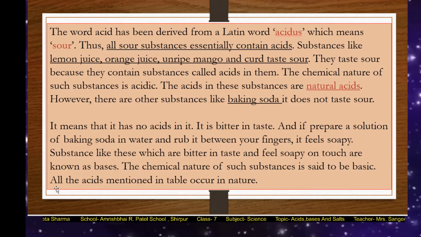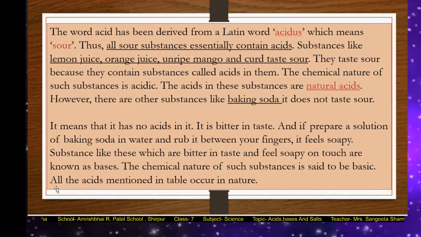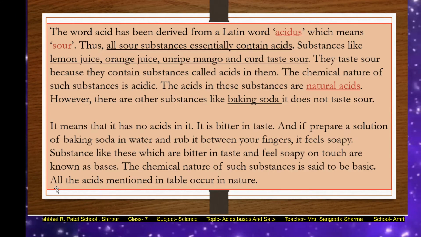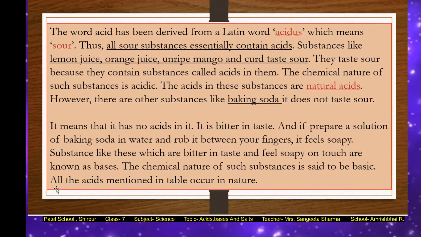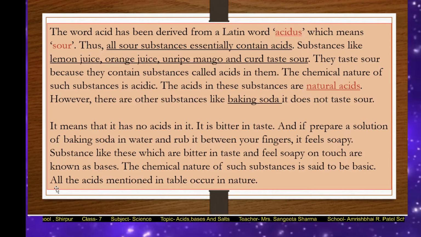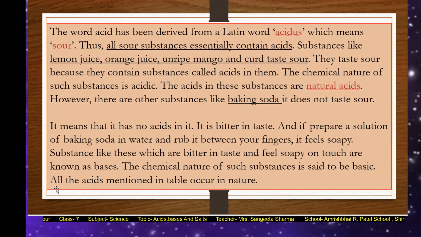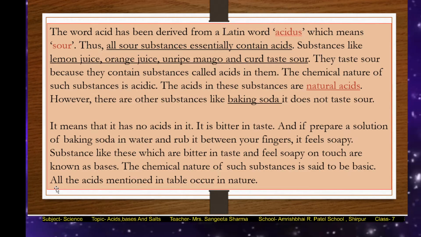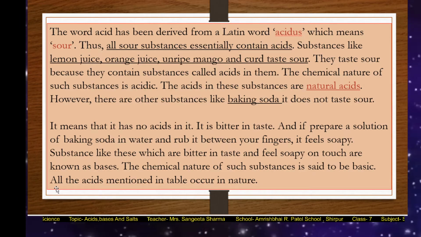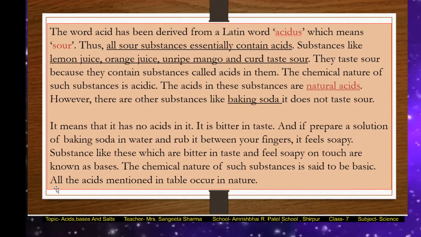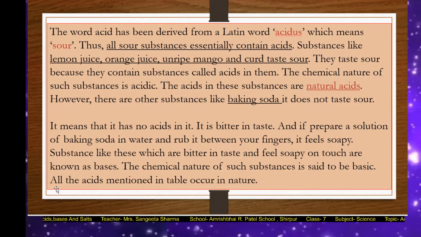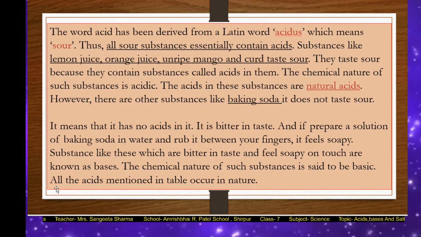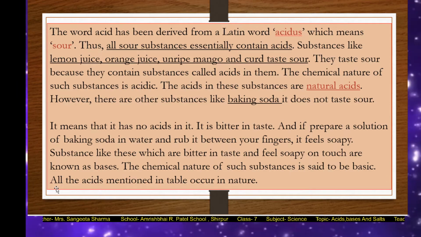Substances like lemon juice, meaning all the citrus fruits, unripe mango, and also the curd I mentioned in the previous slide. Curd tastes sour. They are sour in taste, that is why they contain acid. The chemical nature of the substance is acidic. We are talking about the chemical nature because we are talking about acids. The acids in these substances are natural acids. They are found naturally. That is why we call them natural acids.